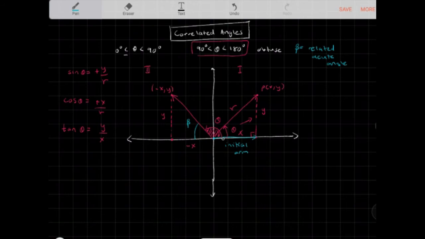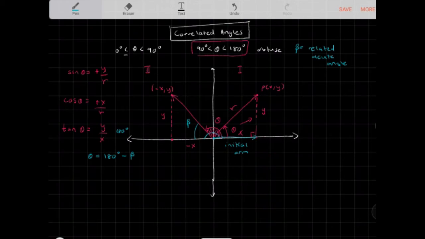Now we can understand that if you do a full rotation from the initial arm all the way to this point here, this is a 180 degree mark. So whatever our value of beta is, theta is equal to 180 degrees minus beta. So keep this in mind.